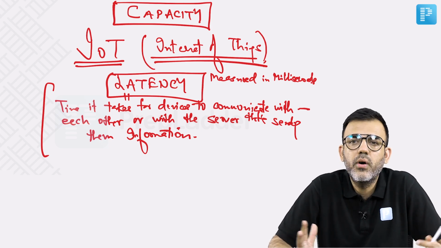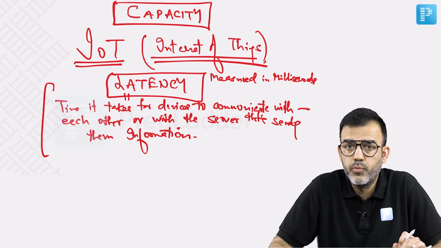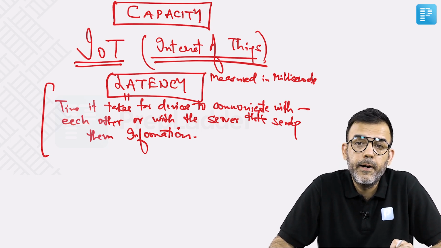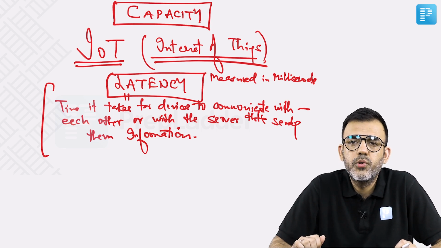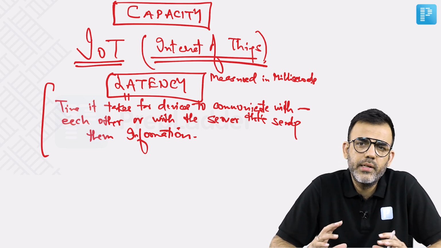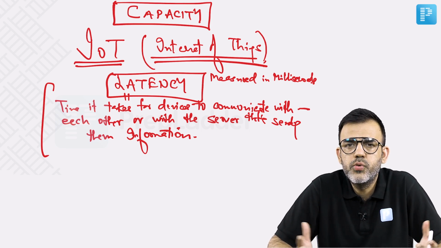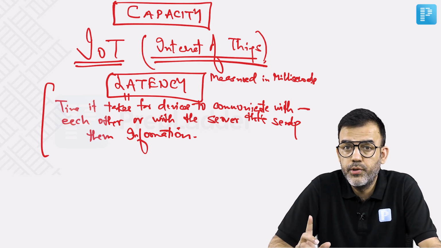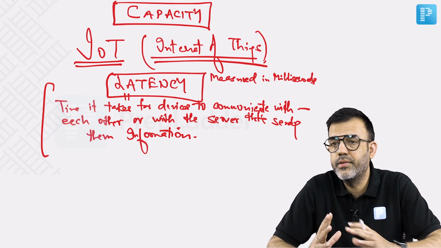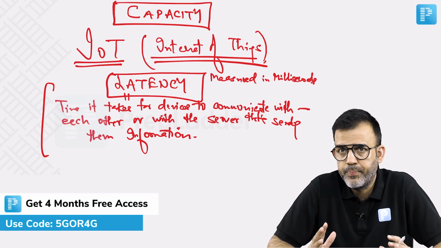So keeping in mind all these future-based applications, latency is also one very important parameter, and it should be as low as possible. Already with 4G latency was quite low, but with 5G it will become almost zero. So that is also one important difference which we are going to witness between 4G and 5G.